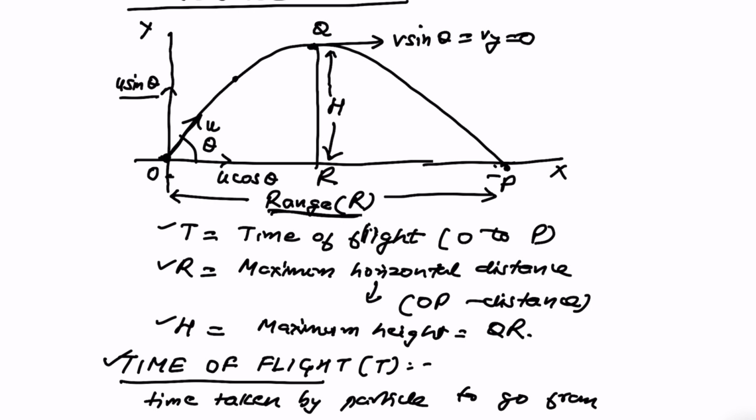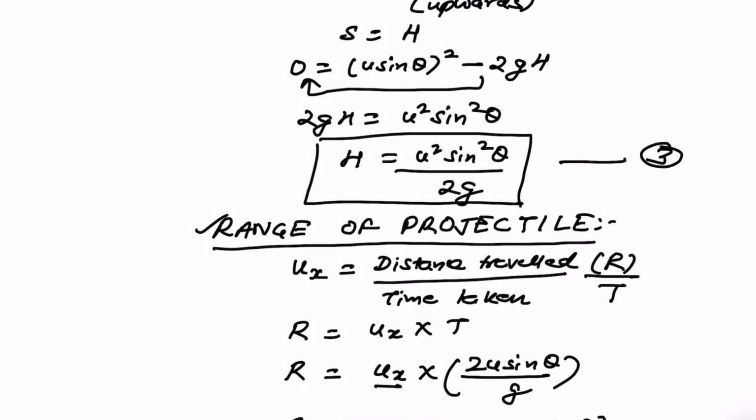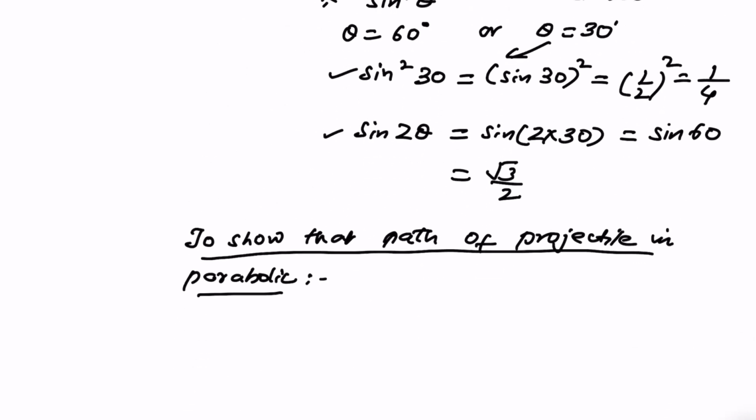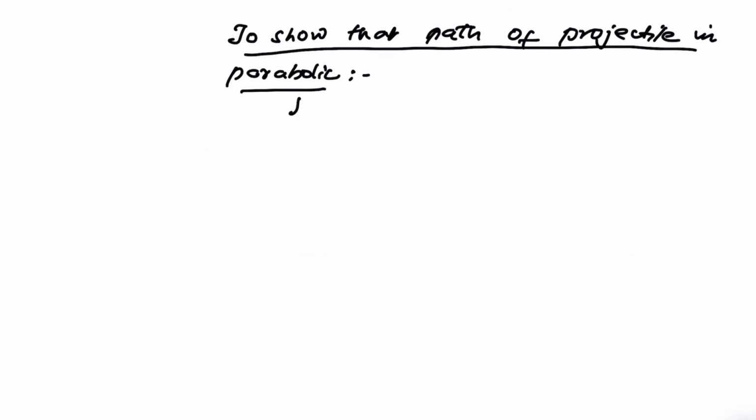So suppose I take a point, say here. I am representing this point with coordinates x comma y. If I draw a perpendicular from here, then this distance will be x and this distance will be y. Now, if I take the second equation of motion, I know that s is equal to ut plus half at square.